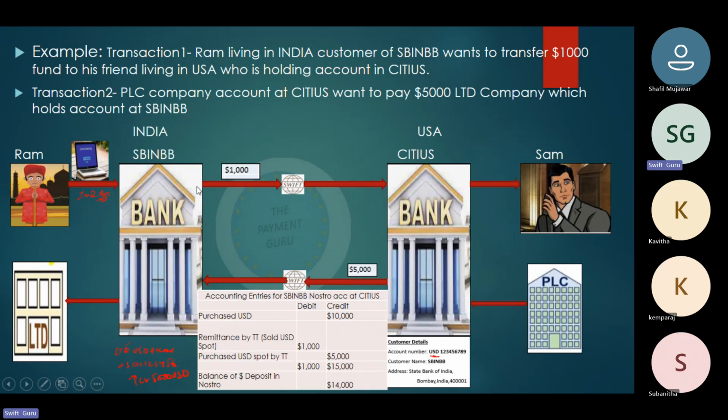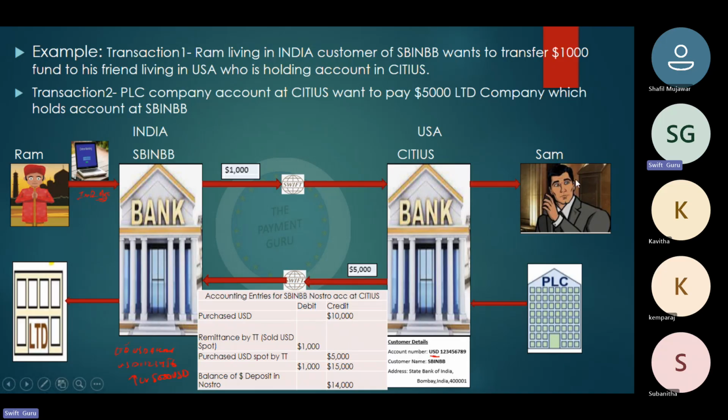After receiving the instruction, State Bank of India will do some payment validation, which we will discuss in an upcoming session, and then send a message via the Swift network saying, hey CTS Bank, please make a transfer of $1,000 to Sam's account.